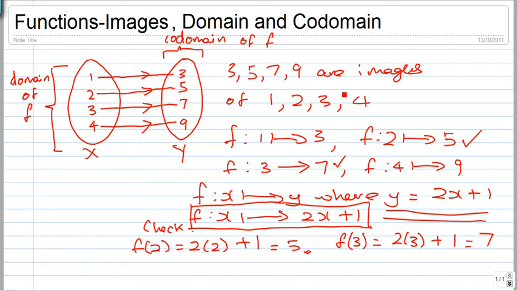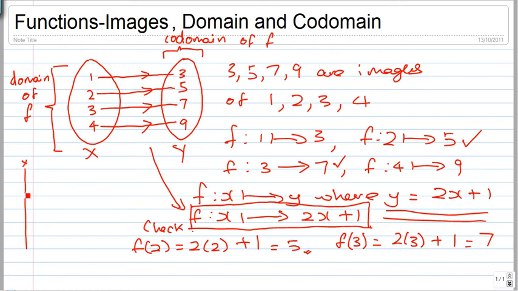This can be represented as a mathematical statement like that: Fx equals 2x plus 1. And you can also represent it in another form instead of this diagram, where X is the domain.